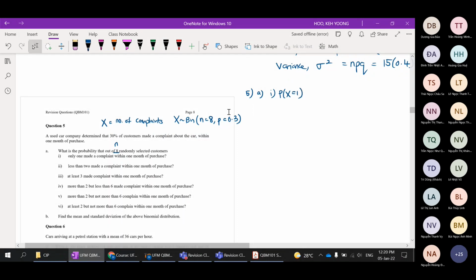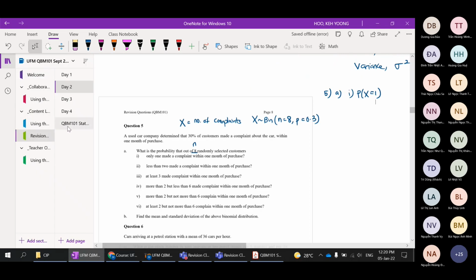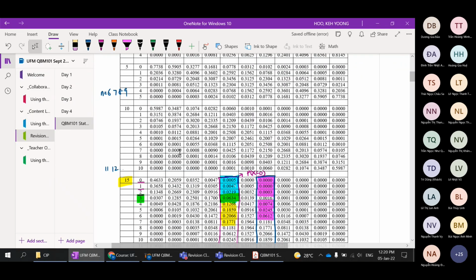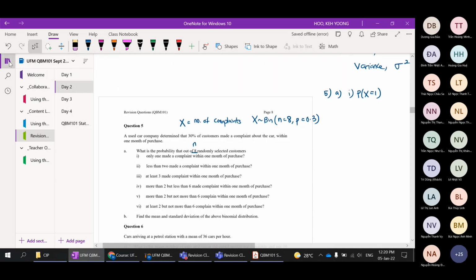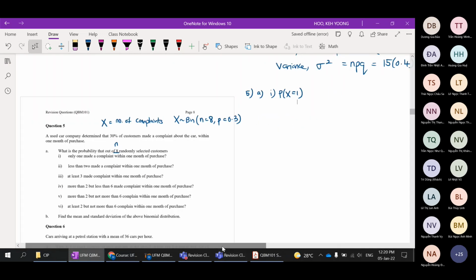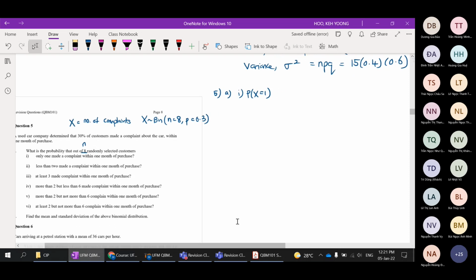If you look at the statistical table, do you have n equals 8? Don't have. 5 jumps to 10 already. Unless you have the statistical table for n equals 8, then you can use it. If not, you have to use the formulas.